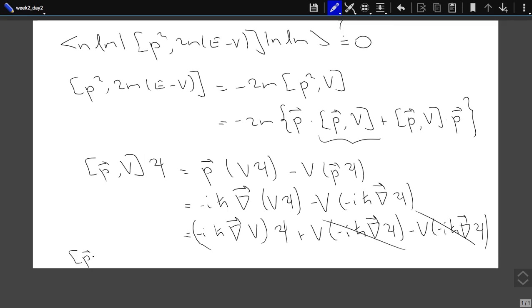So in general, p and V commutator, for any function of x. I mean, although we will be assuming that it is the potential of the proton, this is true for any function of position. This commutator is equal to minus i h bar gradient of V, just a function of x.